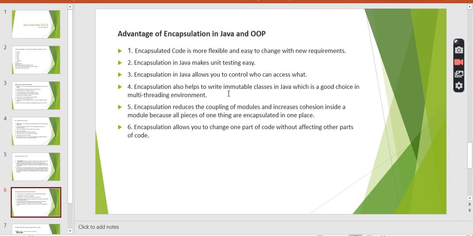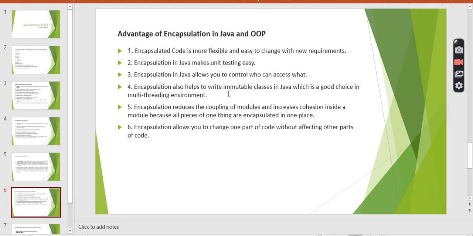Immutable means nobody can modify that class. Okay, that class is an immutable class. For now, you can just see that immutable means nobody can change. So encapsulation helps to write the immutable class, because inside an immutable class all the data members are private.